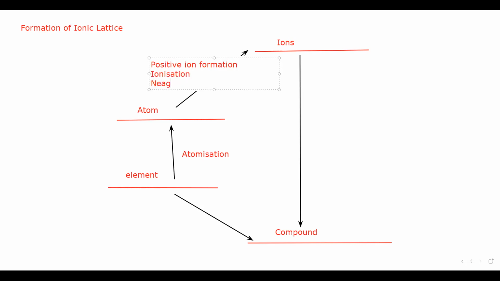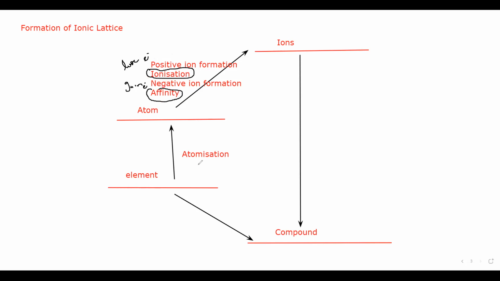But for negative ion formation, we call that electron affinity. Affinity means the negative ion will gain an electron, while positive ions are formed by loss of electron. So when positive ions are losing electrons, the energy is called ionization, but when negative ions are gaining electrons, we call that affinity.